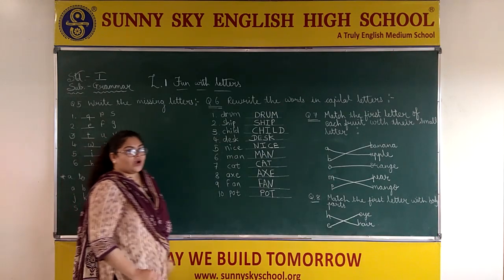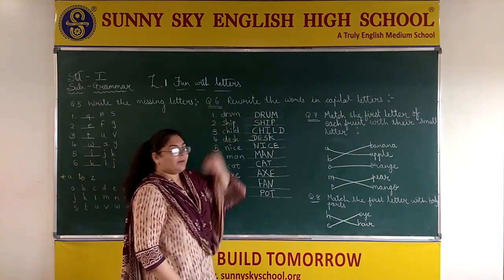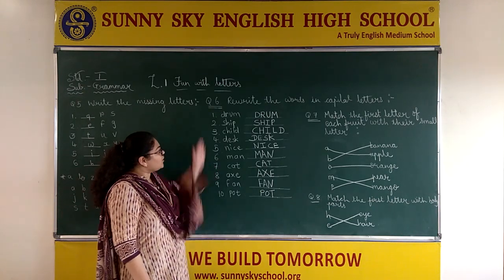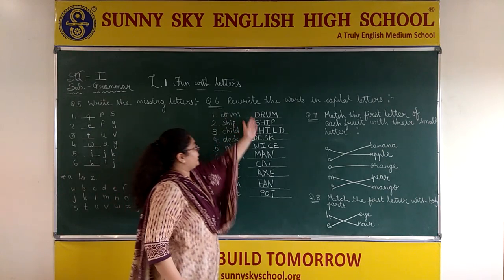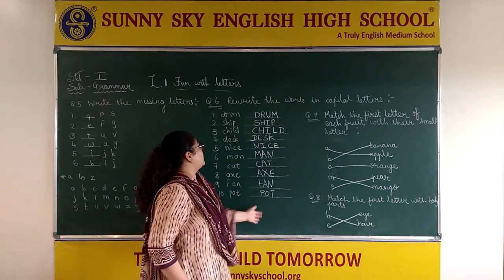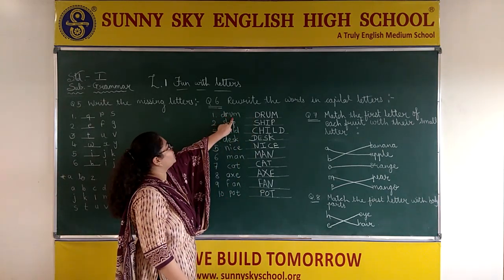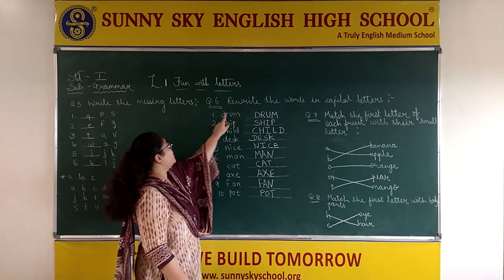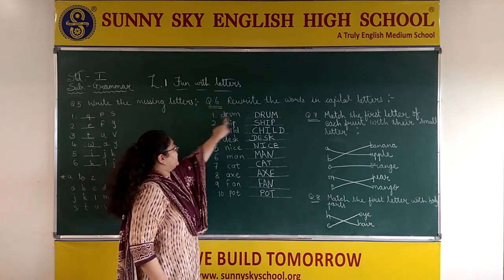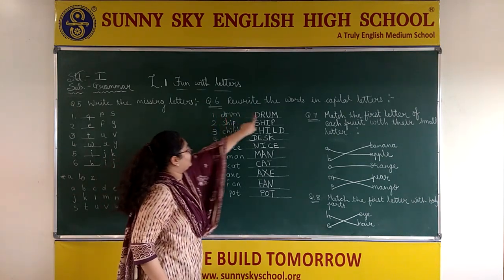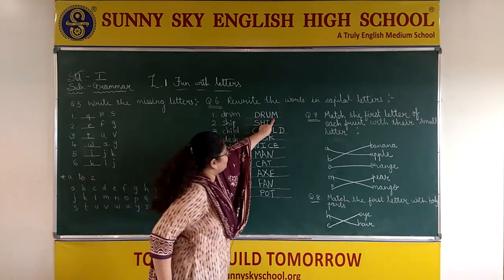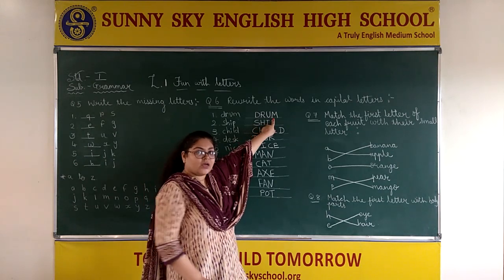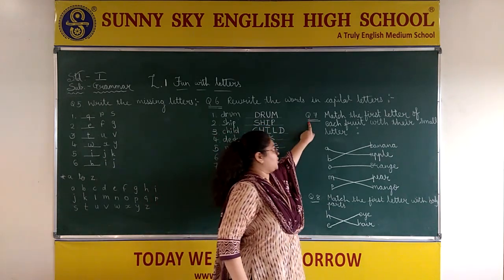Now then we have done rewrite the words in capital letters. So here all the words are in small letters that we have converted into capital letters. D, R, U, M, drum. Same, we have written D in capital, R in capital, U in capital and M in capital. Then our next question is question 7.